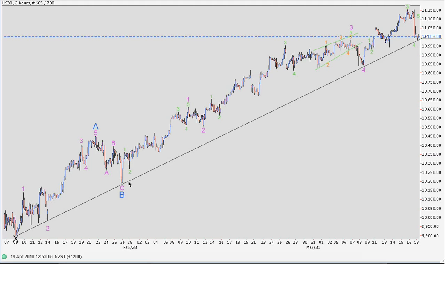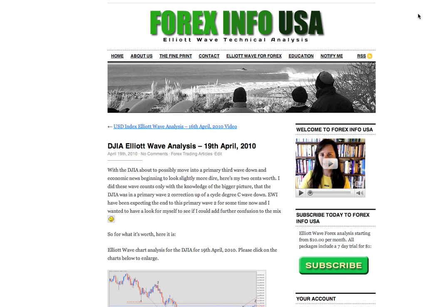Relationships between this wave 1 and this wave 3 are not within 100 points of any Fibonacci relationship that I can see. However, it would be fairly reasonable, I assume, to expect that wave 5 pink is likely to reach equality with wave 1 pink, and that would take the Dow up to 11,243, a little bit higher with one more 5 wave impulse to push up.